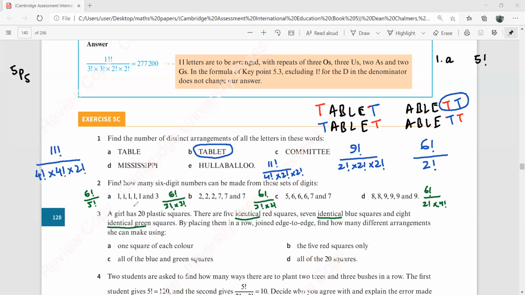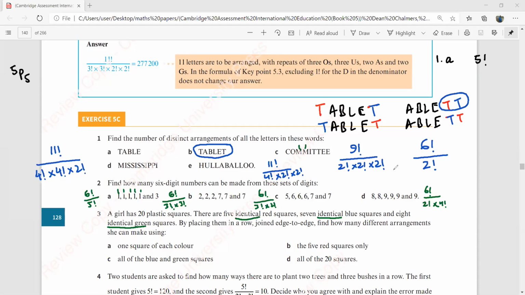So identical means like, we had identical digits over here, we had identical letters over here, okay? So it says, by placing them in a row, join edge to edge, find how many different arrangements she can make using one square of each color.